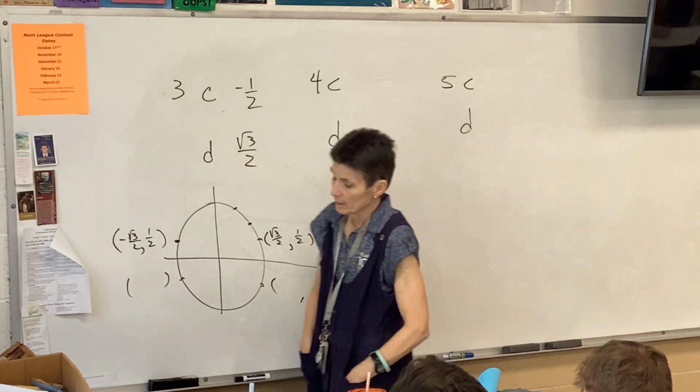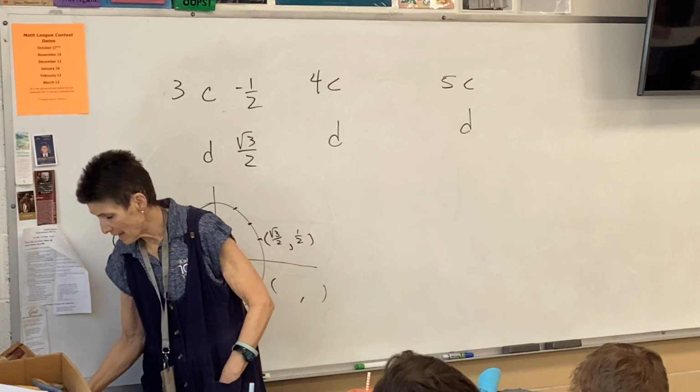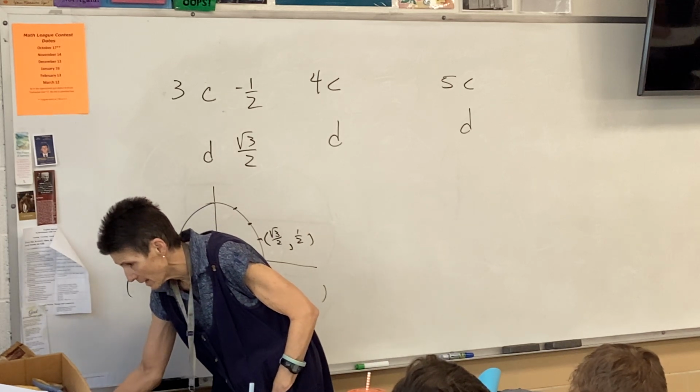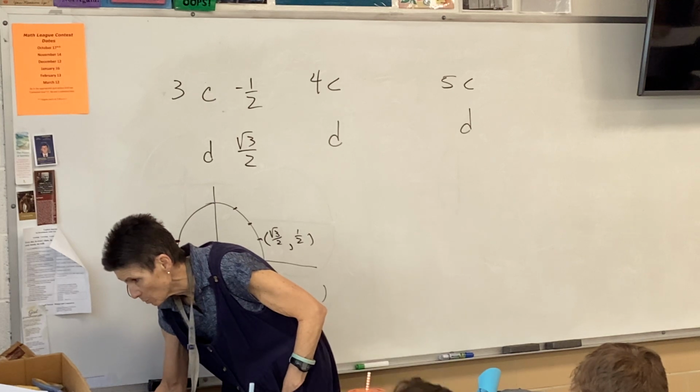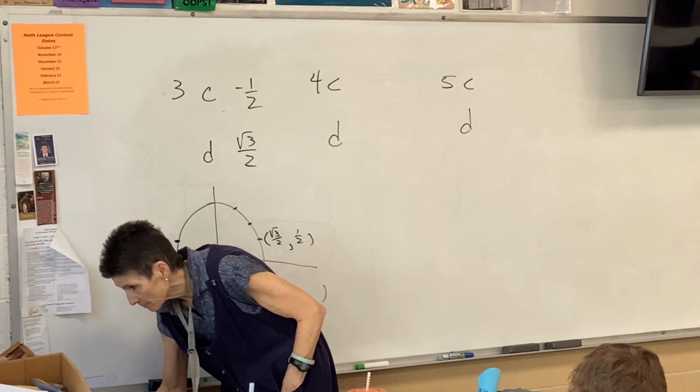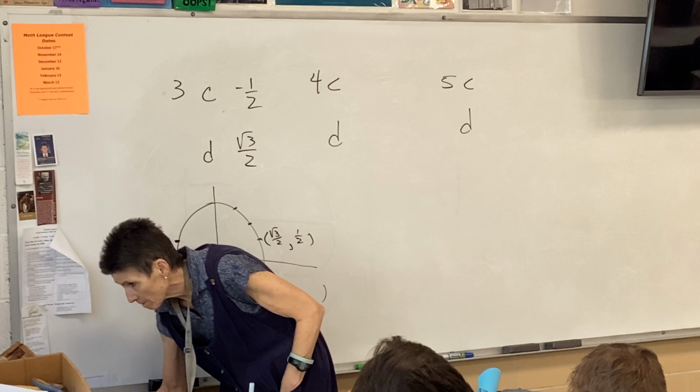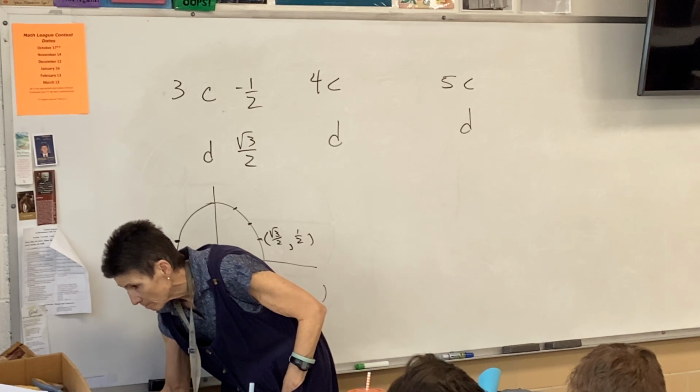Remember, on the unit circle, x is cosine and y is sine. So if you can find your x and y, you got it.